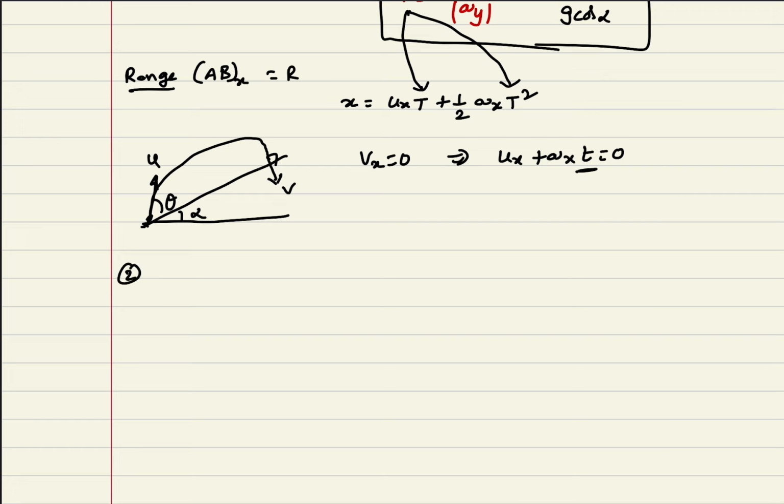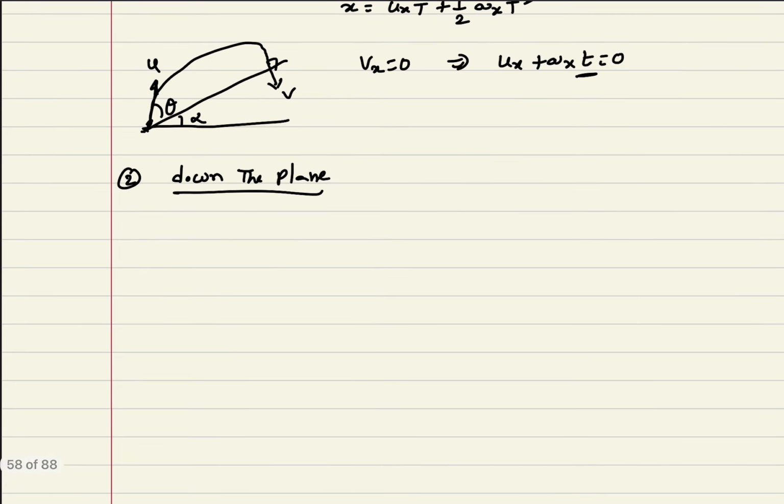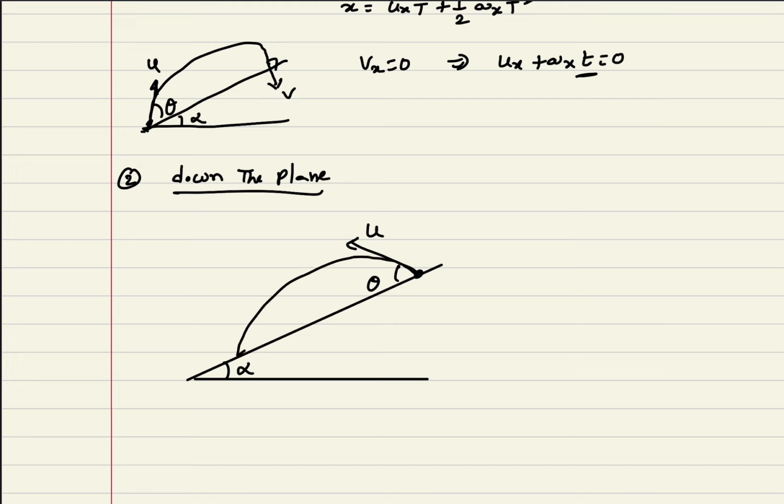Okay, next one, down the plane. Now I can write the alpha. Now you see a particle is projected with u making angle theta. If it is projected down like this, I am taking this as A and landing at a point B. Again I am taking this as origin.